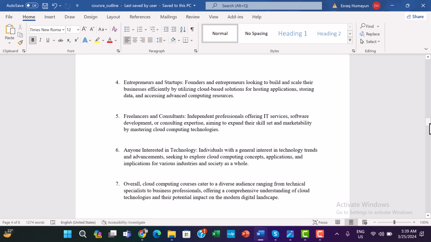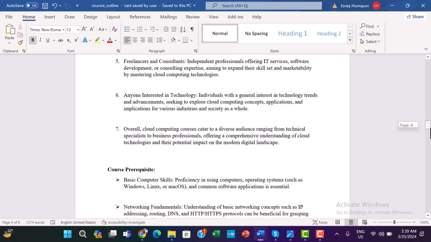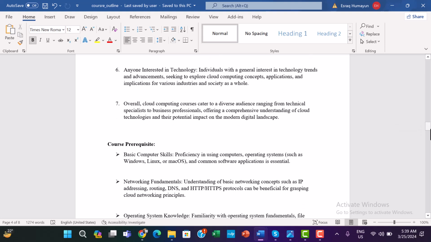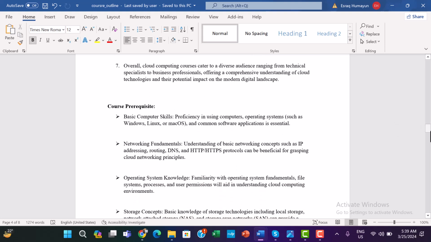And those who are interested in any technology, cloud computing ranges from technical features to big picture. Basically cloud computing is not for any individual or certain group of people. It is for everyone in the IT industry, because they should know. And in the modern era, cloud computing has taken an important part in the development industry.